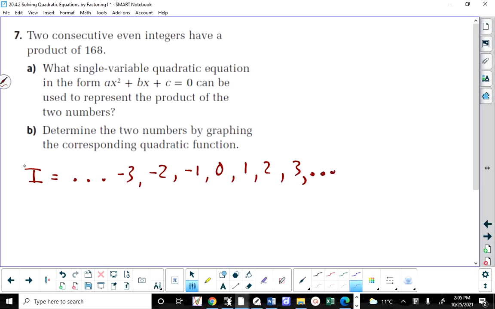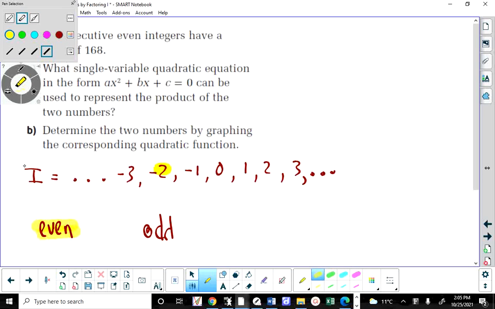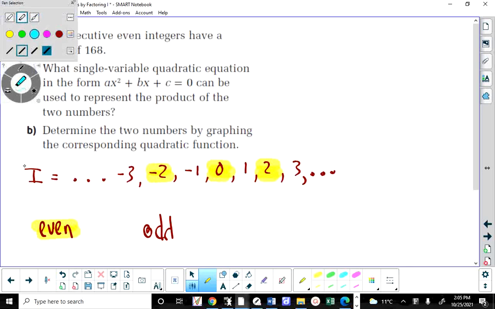What I'm going to do is highlight for you the even and the odd integers. The even integers are -2, 0, 2. Even 0 is even. 0 is not some kind of mystical number that's neither odd nor even. It's an even number. And when I take a look at the odd integers, they are like -3, -1, 1, 3, and this continues on and on and on.